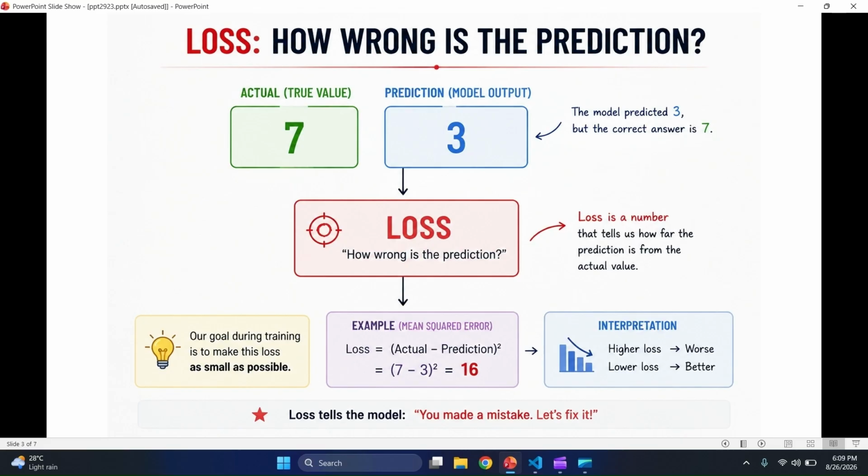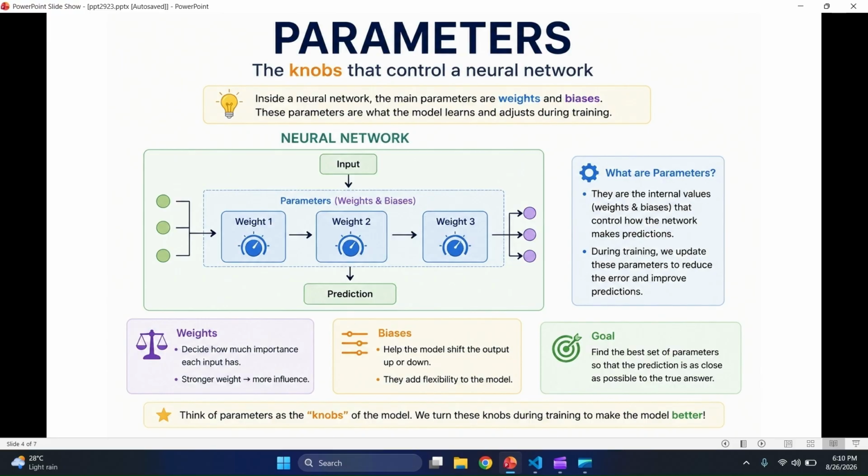But what do we actually change inside the neural network? We have parameters, mainly weights and biases. I found it easier to think about them like knobs. Imagine these are the knobs of a model.